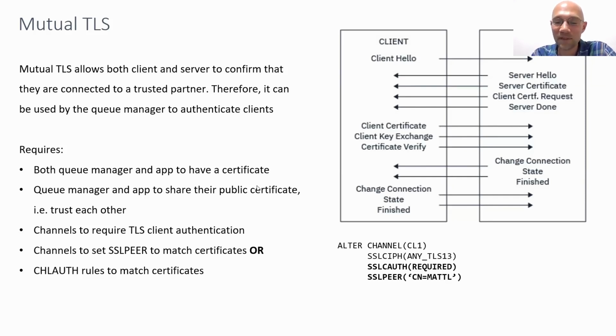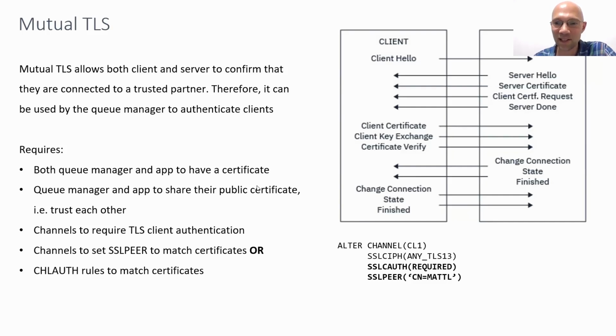So when they both provide certificates to each other, so there's an exchange of certificates during the TLS handshake, then the client and the server can both authenticate each other essentially, so they know that they're talking with a trusted partner.